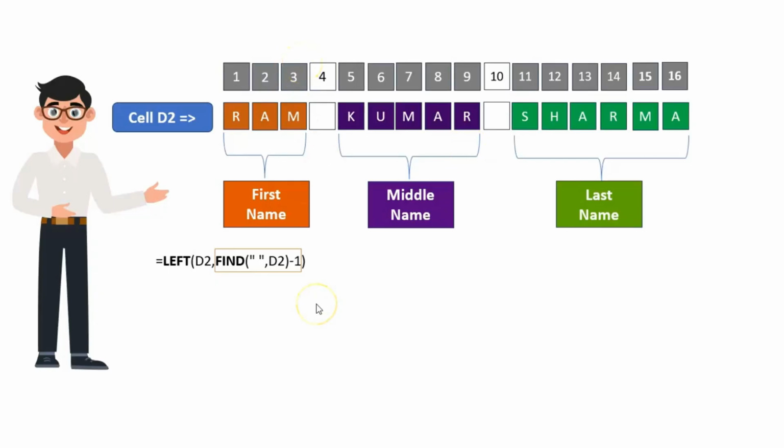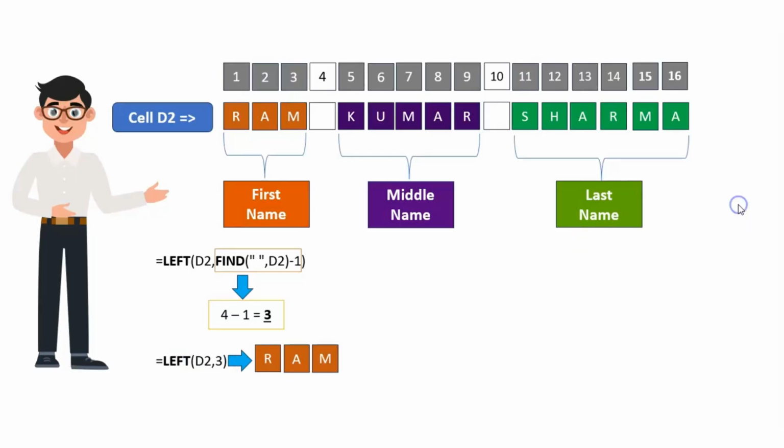So the output of find function would be 4 as shown, and then we will subtract 1 from it to get the position of the last character of the first name, which is 3, which makes the formula as left D2, 3, which is also telling the Excel sheet to extract the first 3 characters from the cell D2 to get the first name, which is Ram.